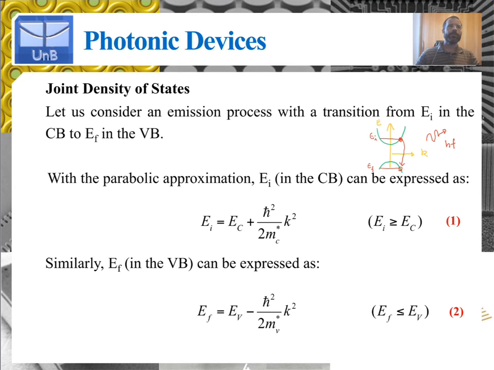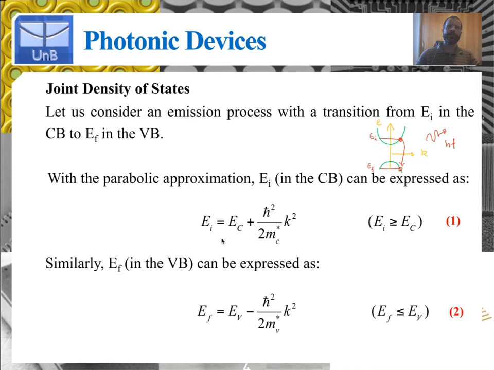In order to derive the expression for the joint density of states, let us consider an emission process with a transition of an electron from an initial energy level EI in the conduction band to a final energy level EF in the valence band. As we have seen, we can use the parabolic approximation for both these bands.